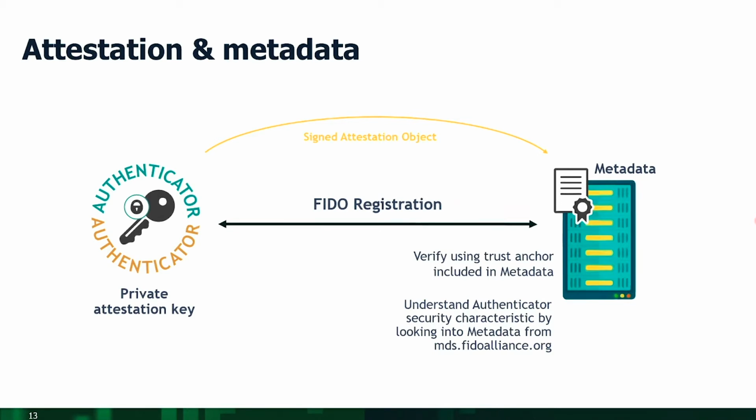Using the metadata service that FIDO provides, a relying party can go get the certificate for that attestation object, do a comparison, and then be sure that it is a legitimate authenticator that they're interacting with before completing the registration process. And so this allows for more trust in the system to help mitigate against situations where people try to create phony or counterfeit authenticators.